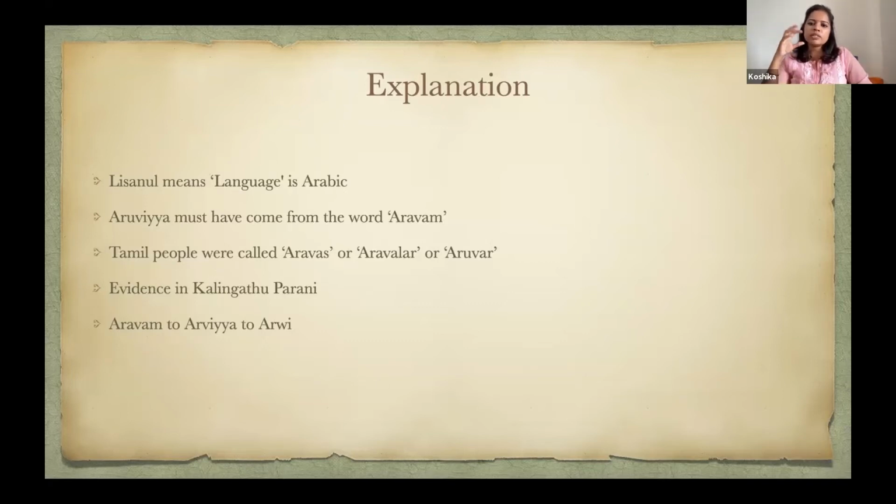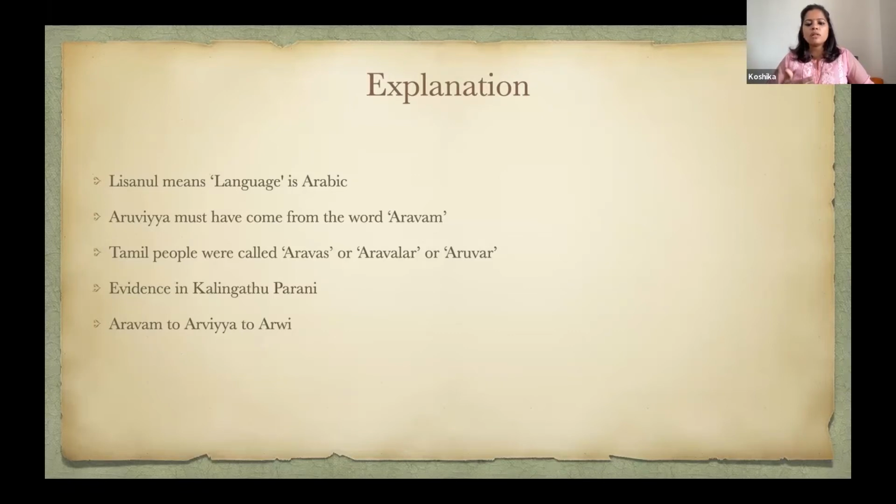And there is also a description below the line itself, thinking that they are Tamils. So it's not sure whether they were Tamil people or the Kalinga soldiers only thought them to be Tamil people. We don't have proper evidence to say that Tamils were called Aravas.